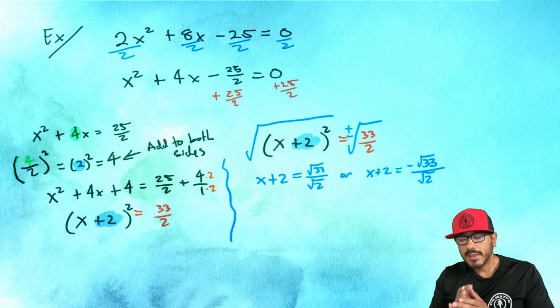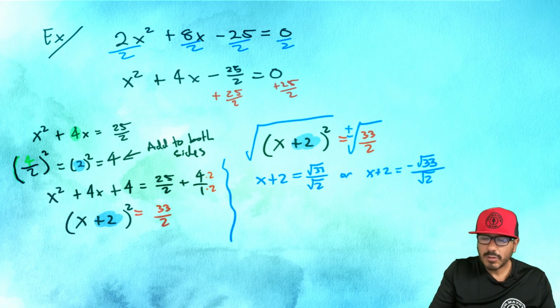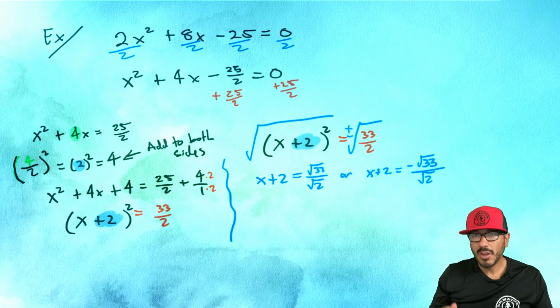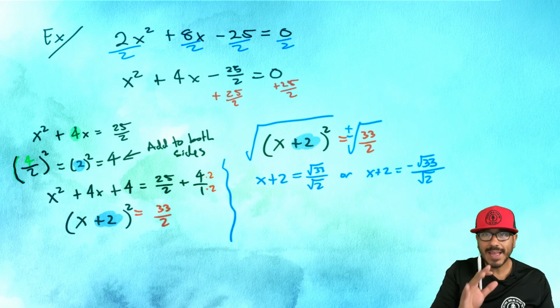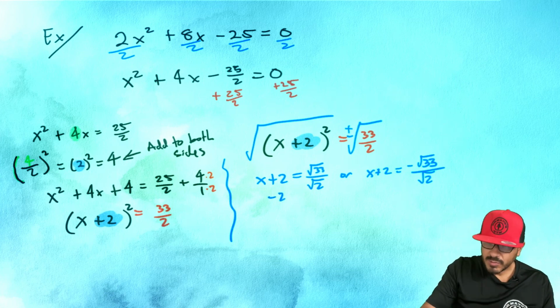All right, and the reason I wrote it like this is because you never want a radical in the denominator. So we're going to have to rationalize the denominator, which means get that square root out of the denominator. That's illegal in math, right? So that's what we're doing there. All right, we're going to subtract 2 from both sides.